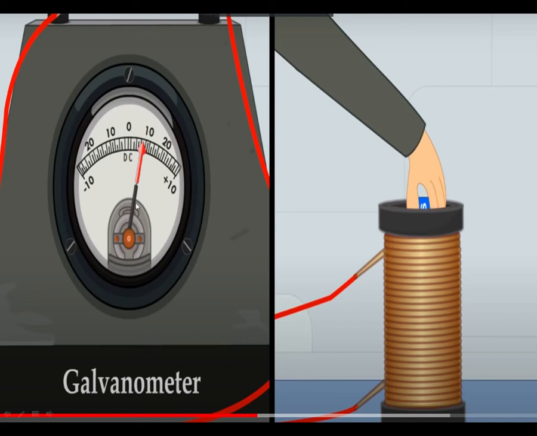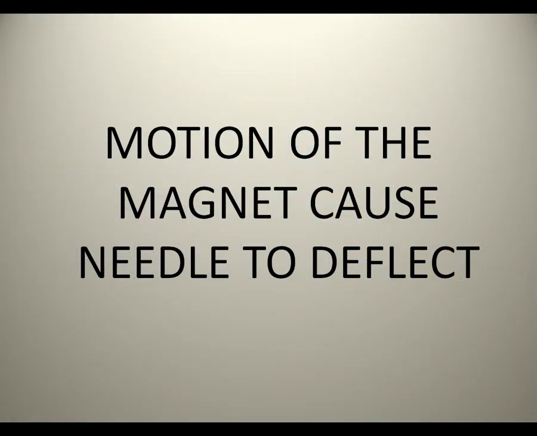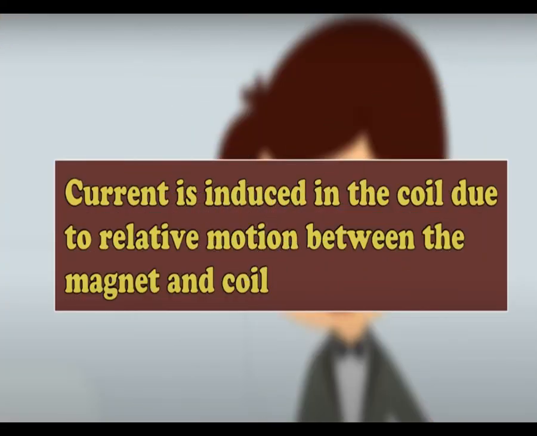This means the induction of electricity started. Motion of the magnet caused the needle to deflect. When the magnet was moved, the needle moved. Current is induced in the coil due to relative motion between the magnet and coil. This means if the magnet or coil is moved relative to one another, the needle will show movement.